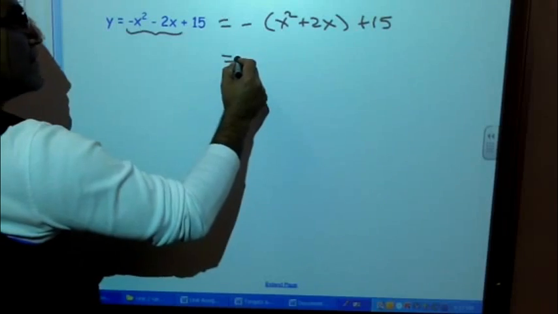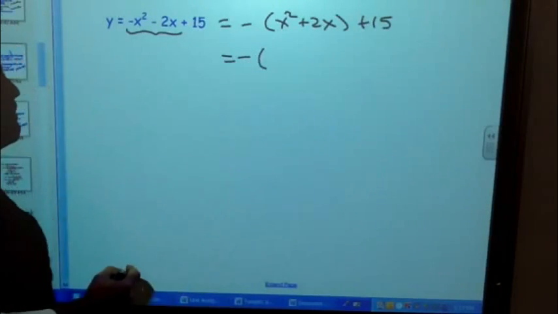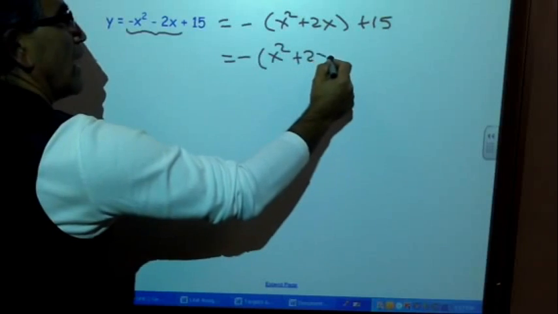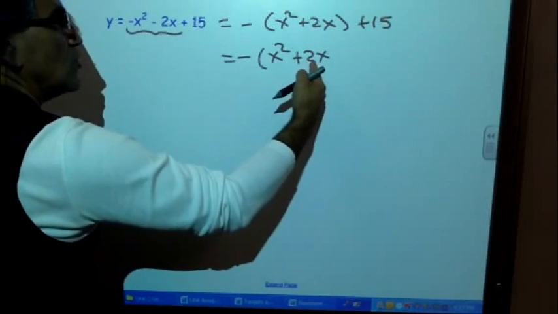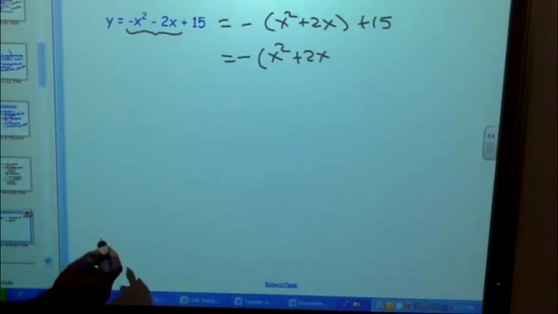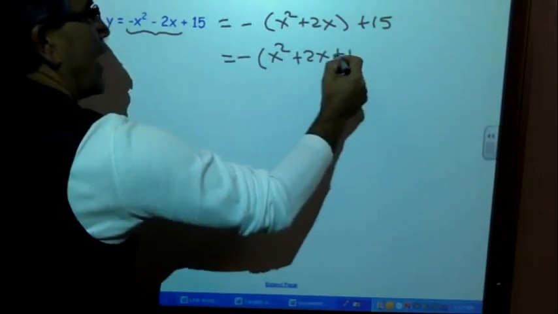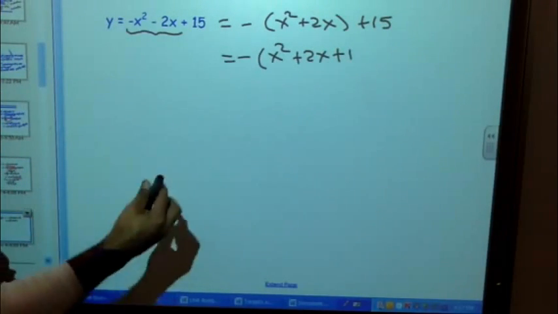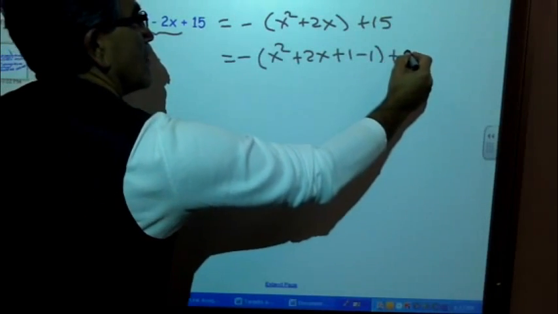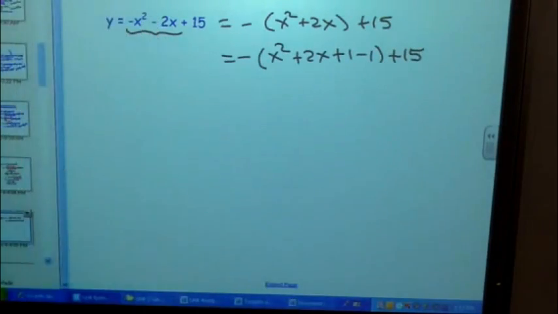I leave the negative sign out and I begin completing the square. X squared plus 2x, half of 2 is 1. 1 squared equals 1. So I add 1. And of course, if I add it, I have to subtract it. And I have my positive 15.